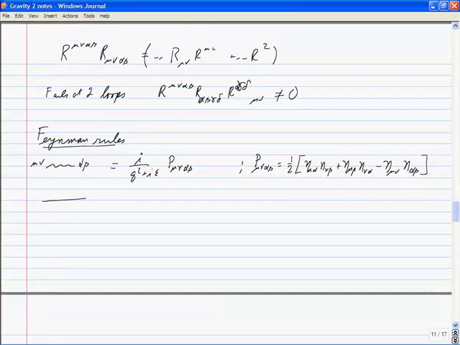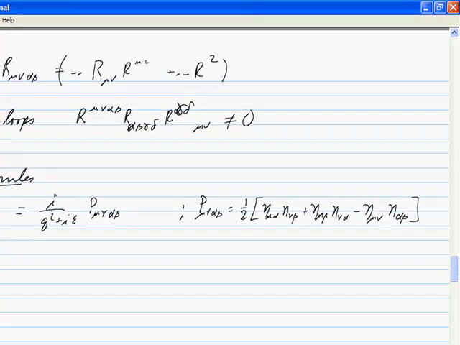Okay, that's the propagator. You couple up the graviton to, the one I'll write out is the scalar here, so it's p.